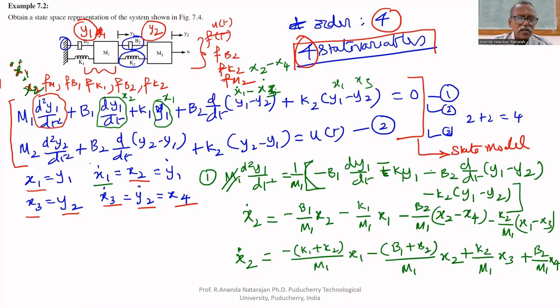Already we have x1 dot equal to x2, one equation. For x2 dot also we got this, this is equation A, this is equation B. From the second equation we have to find the third.